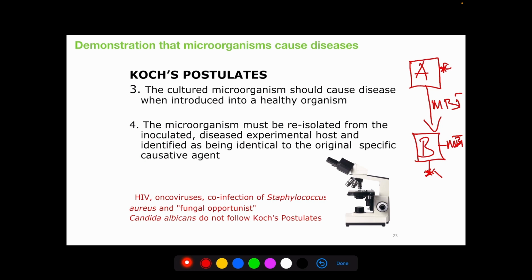Now, Koch's postulates rather do not hold for certain infections. For example, they don't hold for HIV, oncoviruses, co-infection with Staphylococcus aureus, and some opportunistic fungal infections, as well as Candida albicans. All of these do not follow Koch's postulates.